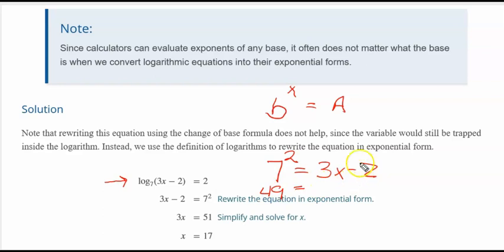We're going to transpose that negative 2 over where we would just add 2 there. And that's what they've done. They got a total of 51. Divide both sides by 3 now. And they get x equals 17. Again, this is one of the easier ones we're going to be doing.